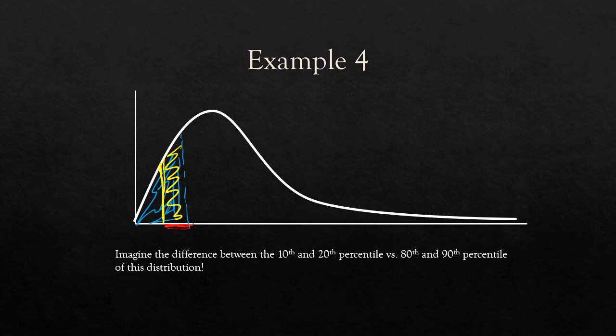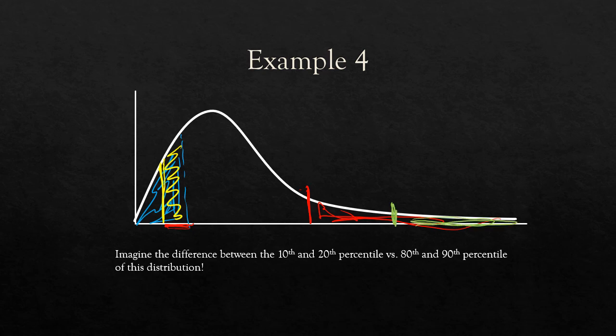Now, if I go to the 80th percentile, well, this is very right skewed. So maybe the 80th percentile is there. So I'm saying that I think about 20% of the data lies in that space there. That might not be accurate, but again, I'm just doing this to show a concept. And maybe the 90th percentile is there. So I'm claiming maybe 10% is in that space there.